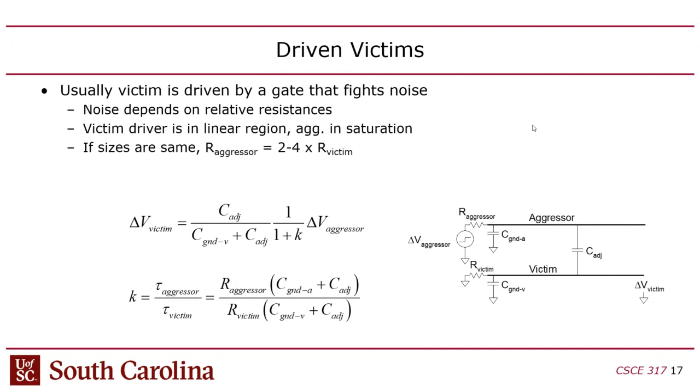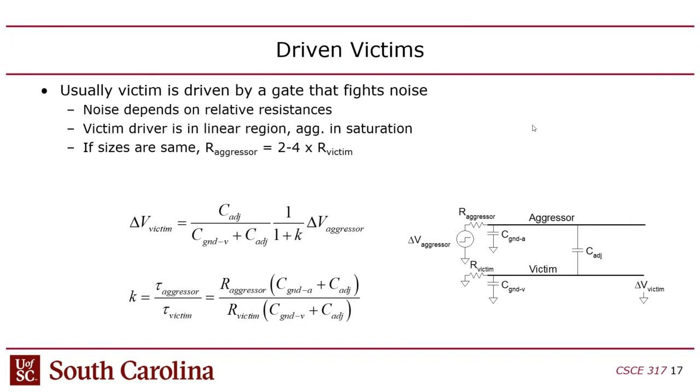So in order to calculate that, you basically have to calculate this K value, which is essentially a ratio of how strong the aggressor is versus the victim. K is tau sub-aggressor divided by tau sub-victim, so it's the ratio of aggressor strength to victim strength. The aggressor's tau is the resistance multiplied by the ground capacitance of the aggressor plus the coupling capacitance.